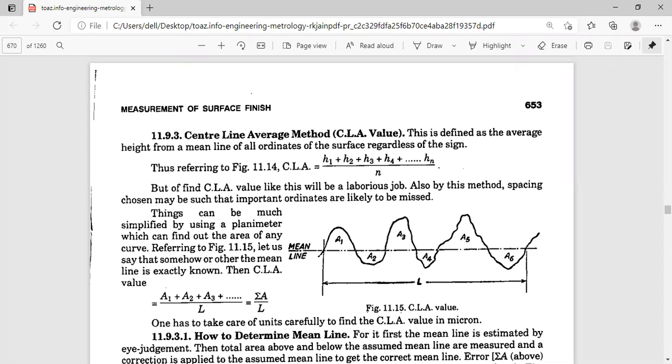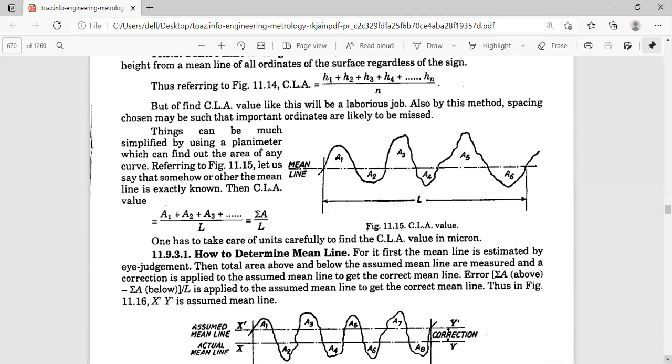So the CLA value has a second formula: A1 plus A2 plus A3 and so on, divided by L. This is more accurate than the first one, because the spacing between the ordinates may not be correct. You don't have correct instrumentation to measure the spacing. But for the area, we have a planimeter, so we can find the area by using the planimeter. That's what we asked while discussing this topic previously.